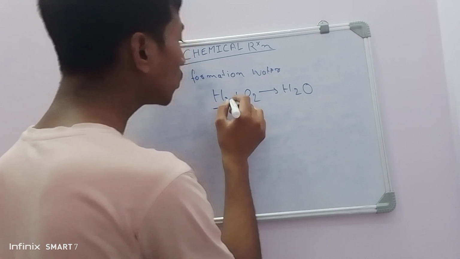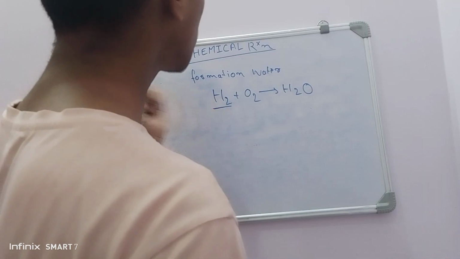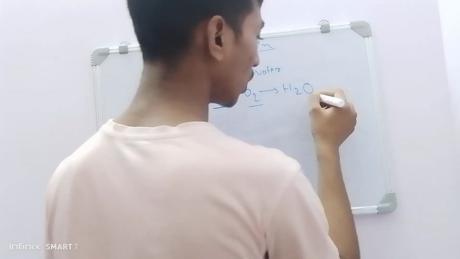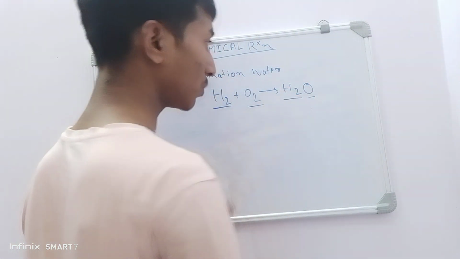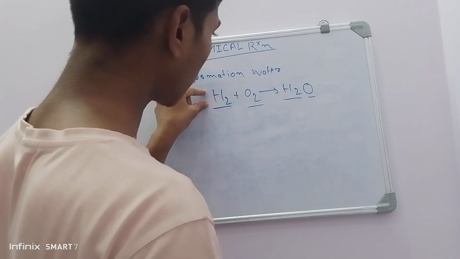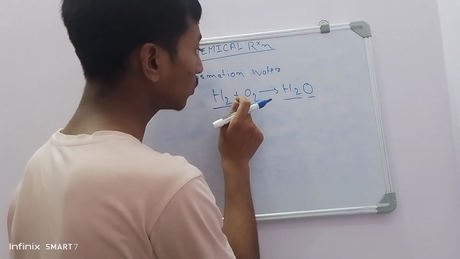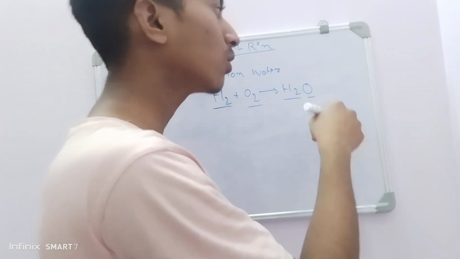Here we have two atoms of hydrogen and two atoms of oxygen, but here we have only one atom of oxygen and two atoms of hydrogen. We have two atoms of hydrogen on both sides, but two atoms of oxygen here and only one atom of oxygen there.